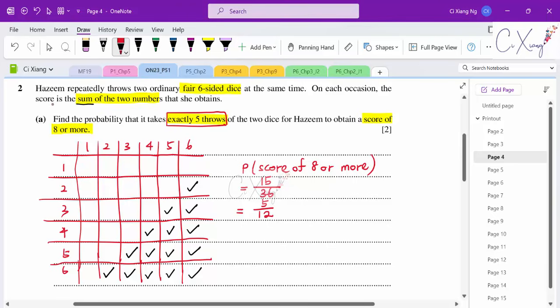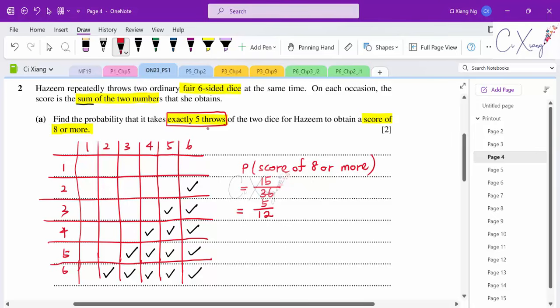On each occasion, the score is the sum of the 2 numbers that she obtains. Then they say, when she throws it repeatedly, she gets the score of 8 or more exactly at the 5th throw.